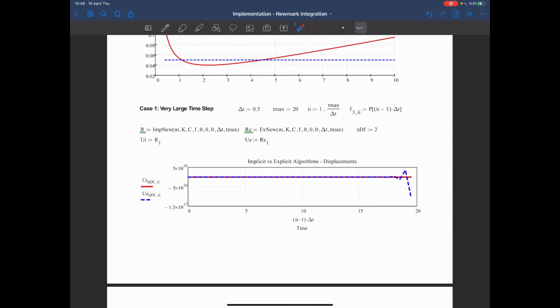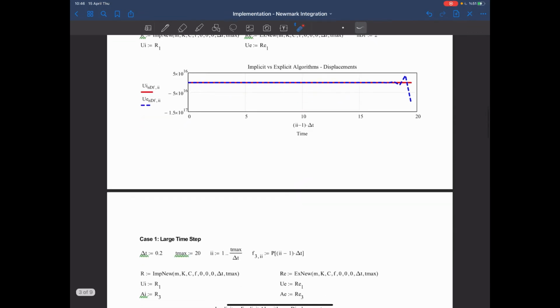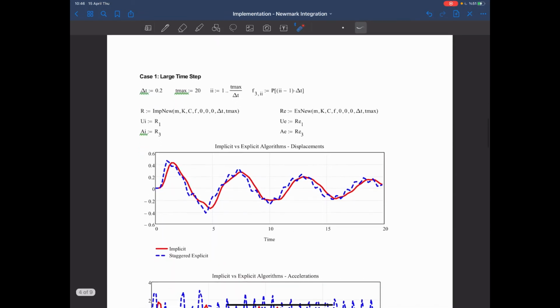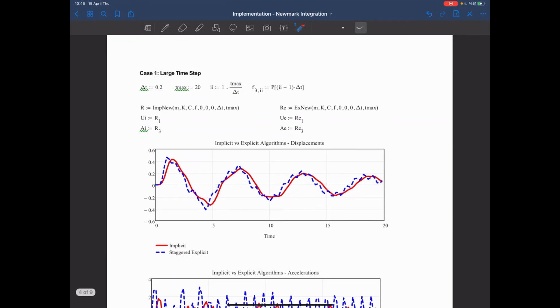Now I know that my limit is 0.45. So for the second case, I use delta t as 0.2. This will give me a stable answer, but will it be an accurate answer? That's another question, as we discussed. So again, I'm solving the same problem with delta t equal to 0.2, and these are the results.